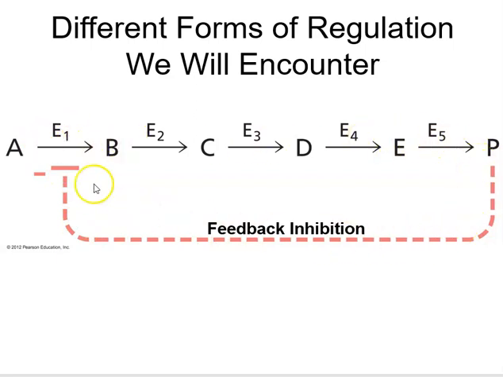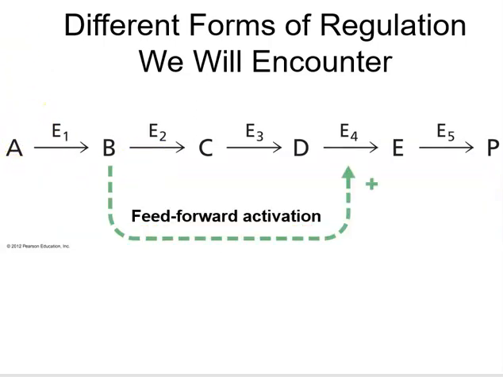This helps to make sure that we don't generate too much of this product. When we have sufficient amounts, it'll inhibit this process, and then A can go on to one of the many other processes in our bodies that we might need that compound for as well.